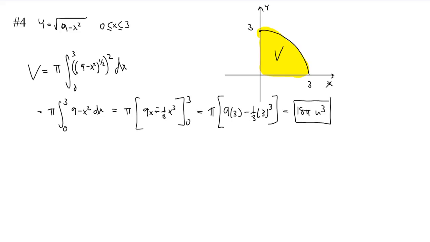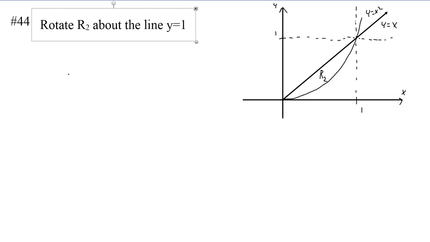All right, so our next one, let's do one that uses the disk method. This one gives us a couple of different curves, and there are a bunch of questions that go along with this particular problem, but it wants us to rotate the region R2 about the line y equals 1.